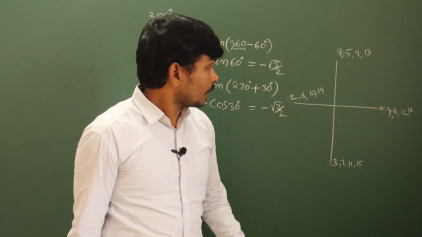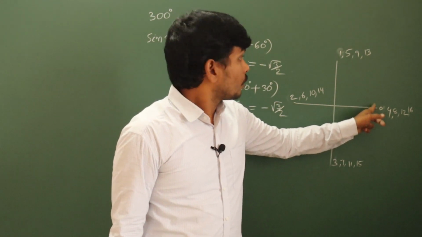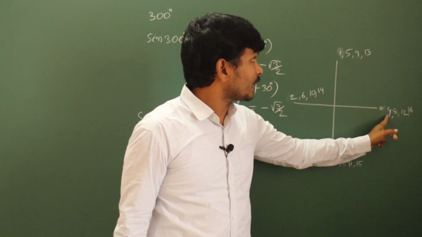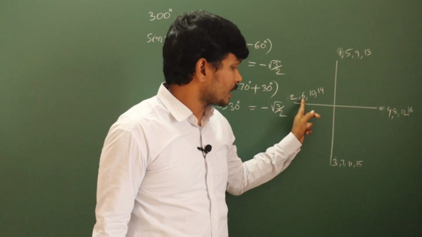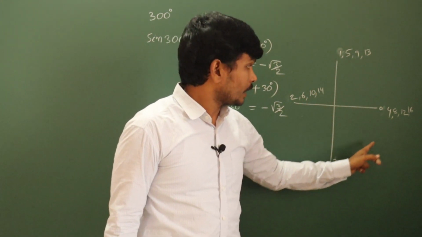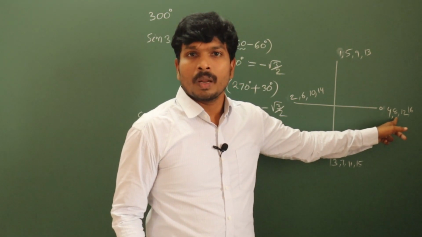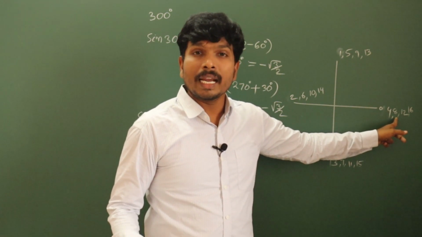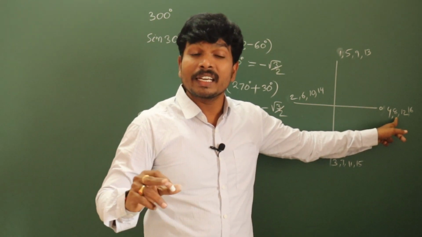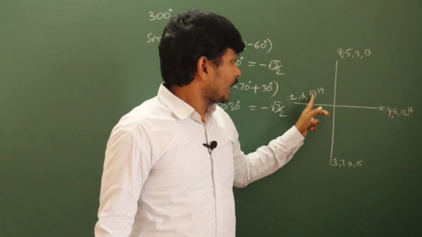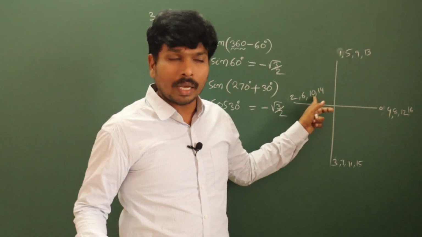Okay, observe here: 0 degrees, 1 into 90 degrees, 2 into 90, 3 into 90, 4 into 90, 5 into 90, 6 into 90, 7 into 90, 8 into 90, 9 into 90, 10 into 90.